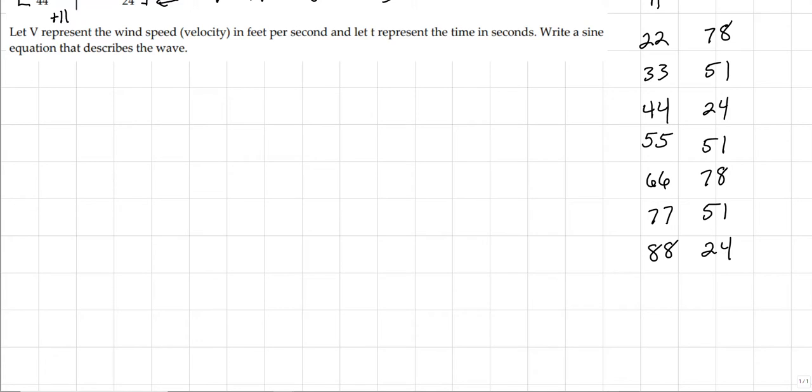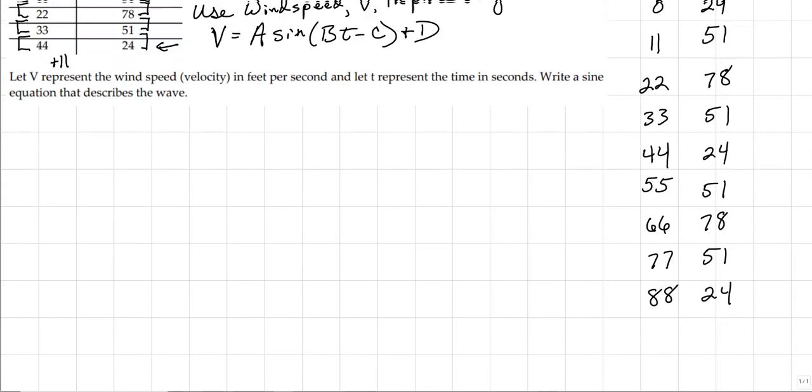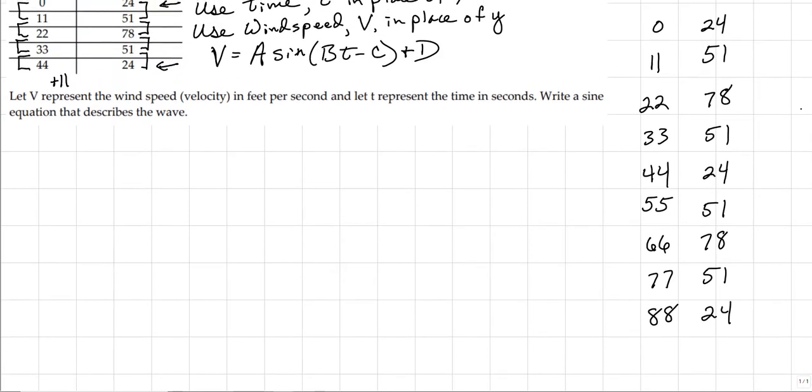And so what we're going to do is use this in conjunction with the graph to figure out what our actual equation is. So let's take the table and make a rough graph. We know that the time is positive, as it has to be, and we go from 0 to 88 on the horizontal axis.